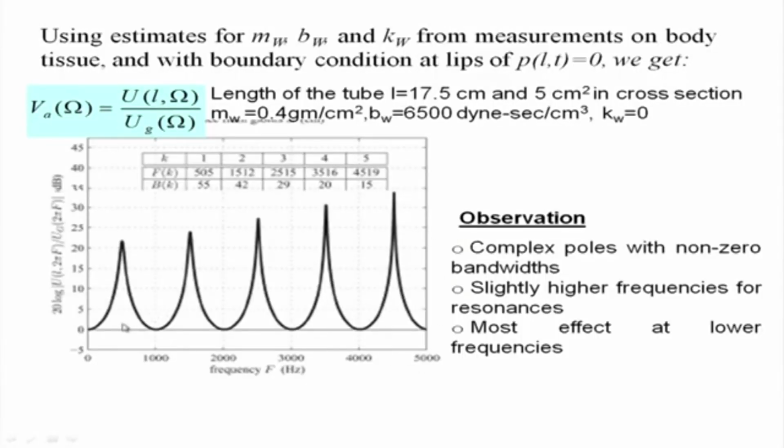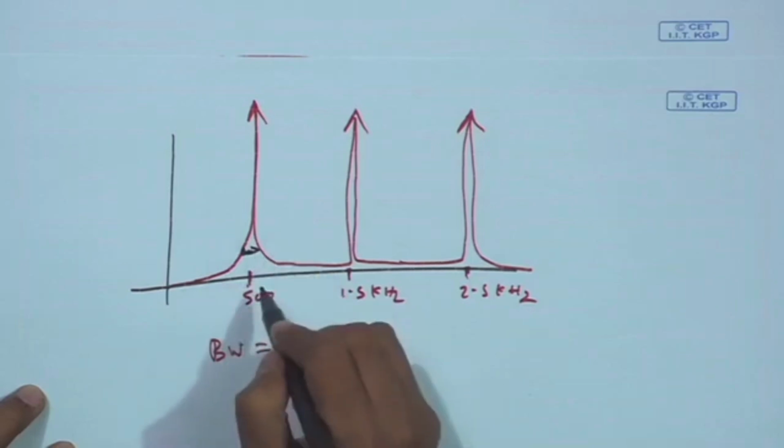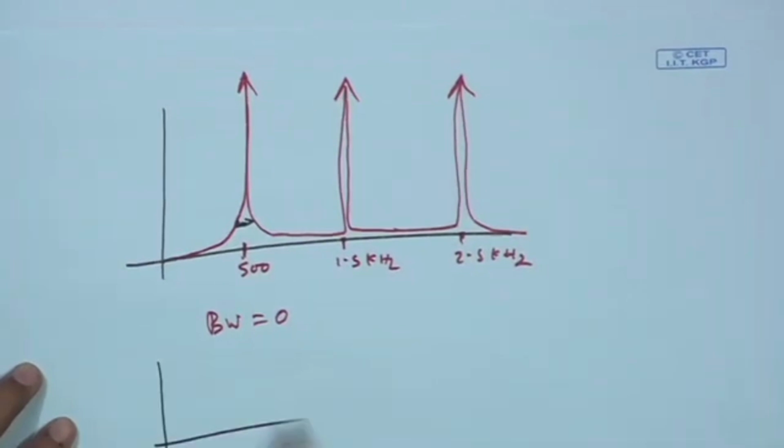If I consider those values, it was found in the frequency response that, earlier it was infinite energy at 500 hertz, 1.5 kilohertz, 2.5 kilohertz, like that. Now it is said that there are complex poles with non-zero bandwidth. Here it is 0 bandwidth; bandwidth is 0 in the lossless tube condition. Now, if I introduce the loss, what will happen? Then instead of 0 bandwidth, some bandwidth will be generated.